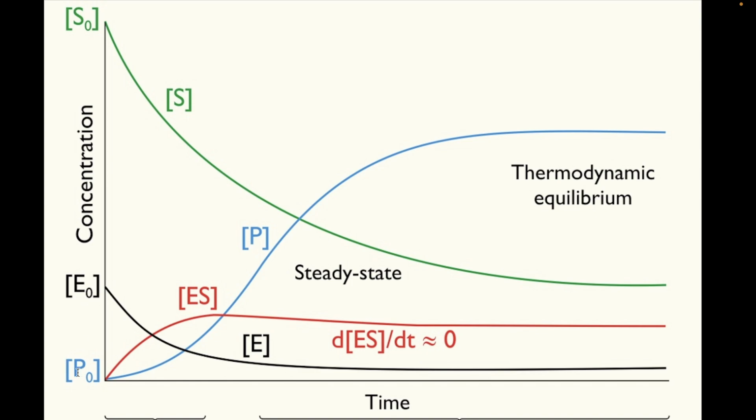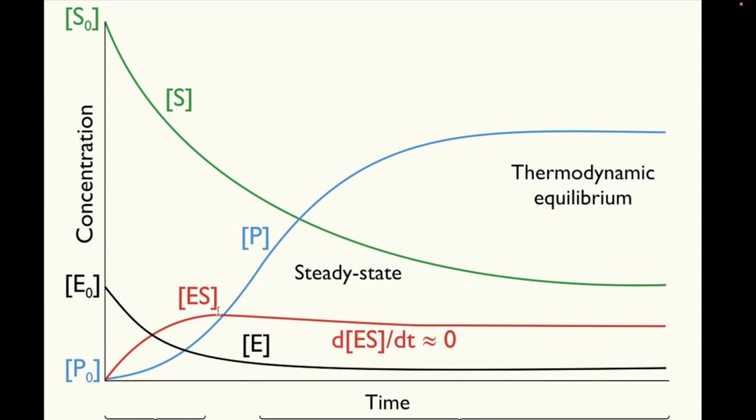Initially at time zero, the concentration of the enzyme is E0, and as the reaction progresses, the concentration of E goes downwards. And ES is the complex. Initially, the concentration of the complex ES is 0.